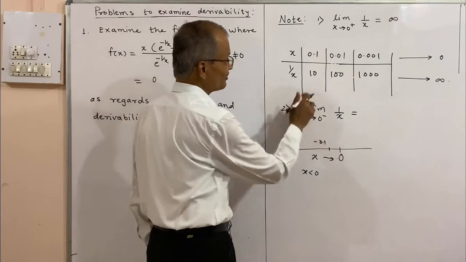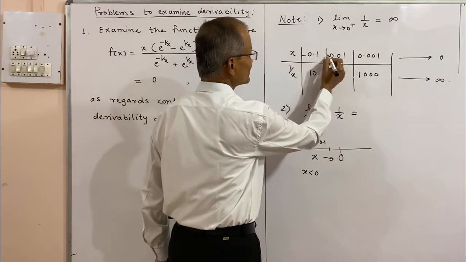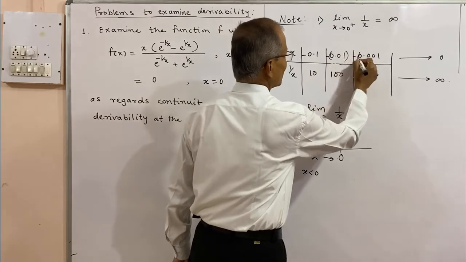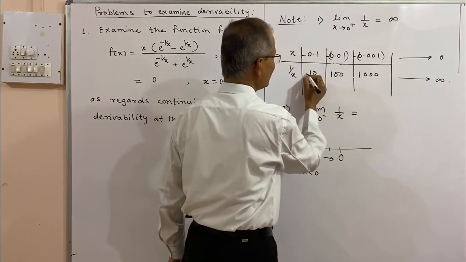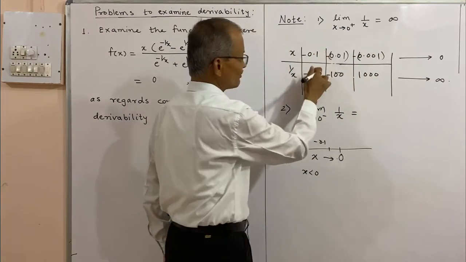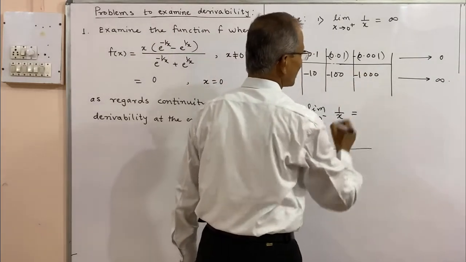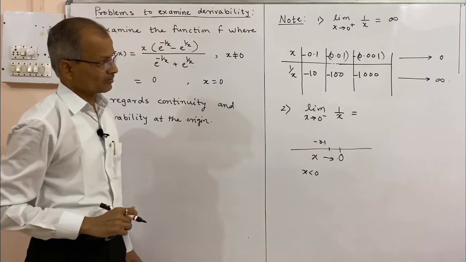Only there will be a negative sign, and the reciprocal will also be negative. That is the change, and this is minus 1000 and so on.